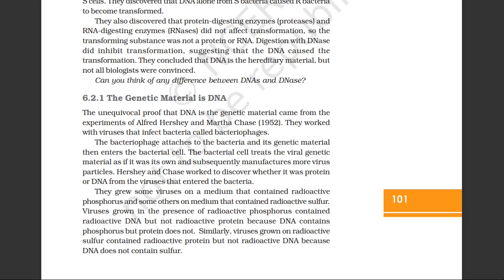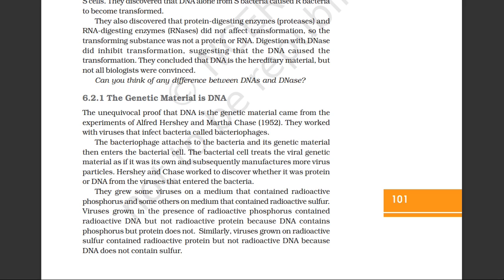Hershey and Chase worked to discover whether it was protein or DNA from the viruses that entered the bacteria. They grew some viruses on a medium that contained radioactive phosphorus and some others on a medium that contained radioactive sulfur.